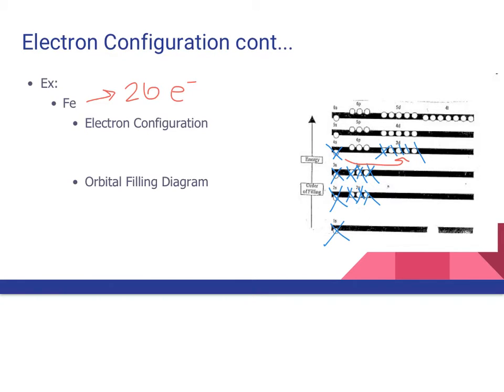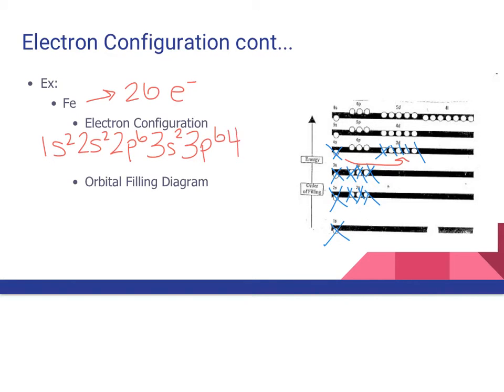The electron configuration will always start the same way, 1s. In that 1s orbital, I had 2 electrons, followed by 2s, where I had 2, followed by 2p, where I had 6. After the 2p, I went up to the 3s, which had 2, followed by the 3p, which had 6.